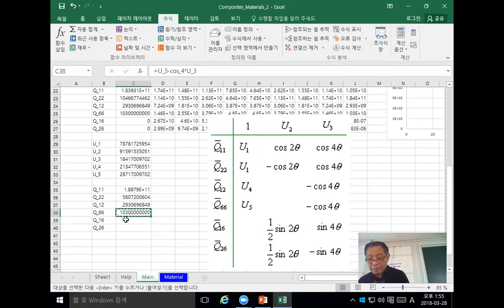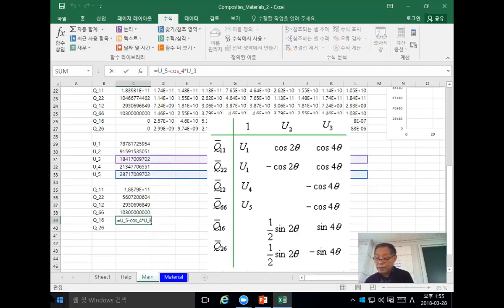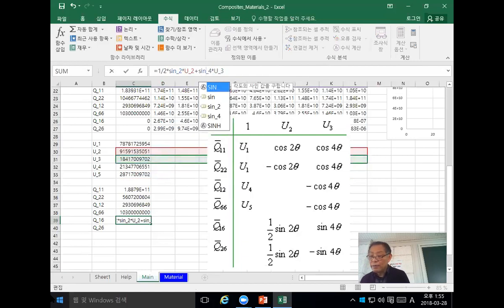Q16, and here we have what? 1/2 times sine 2 times U2, okay, plus sine 4 and U3.